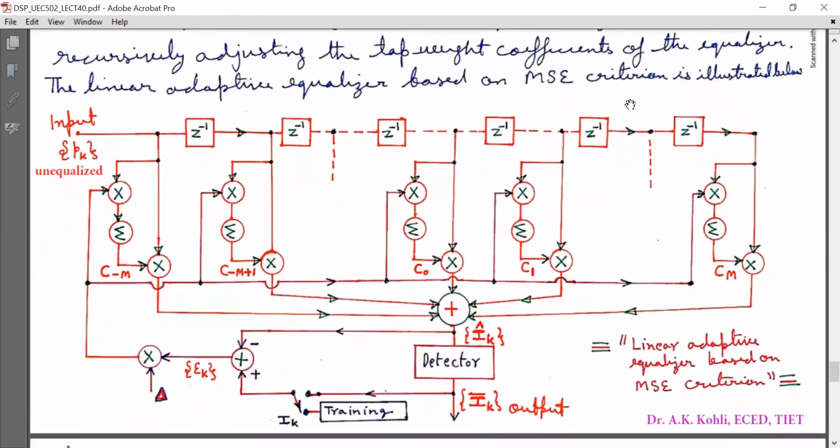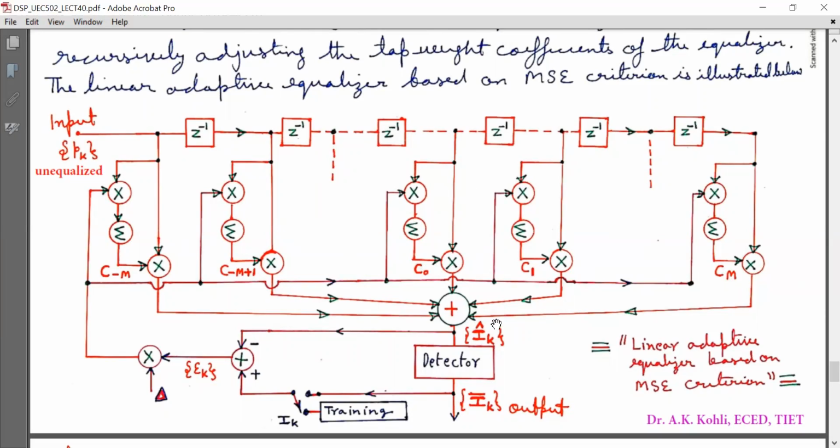Now, the linear adaptive equalizer based on MSE criterion is illustrated below. Here at input, we have p_k, which is unequalized, and this z inverse indicates a delay element. This is the multiplier, and here these are the coefficients C_0, C_1 to C_m, starting from C_-m.